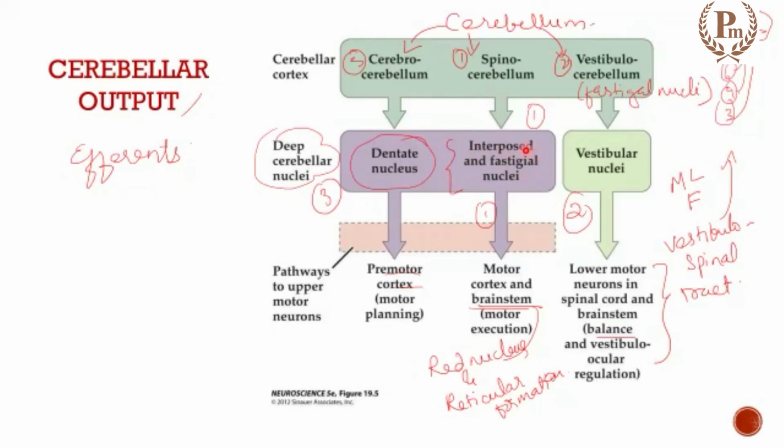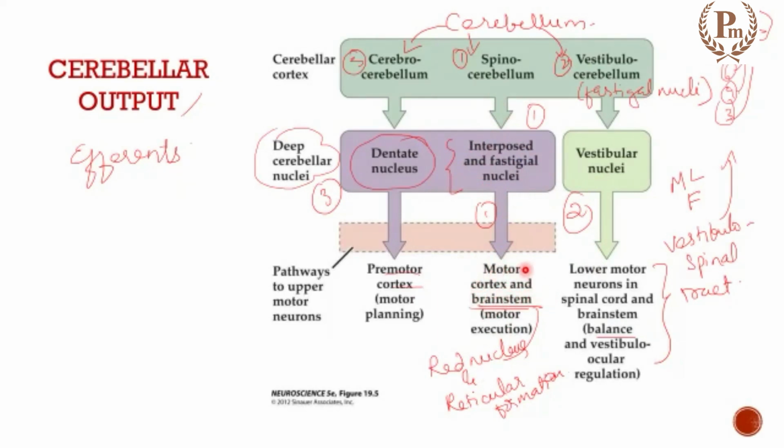And vestigial nucleus, you remember, has connections with the vestibular system. Vestigial nuclei also have connections with the reticular formation. So these give efferents to the motor cortex and the brainstem.